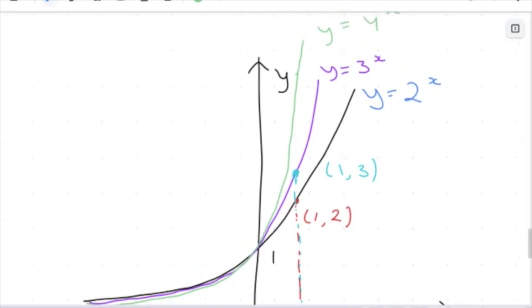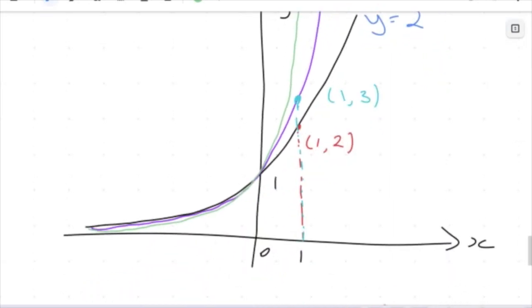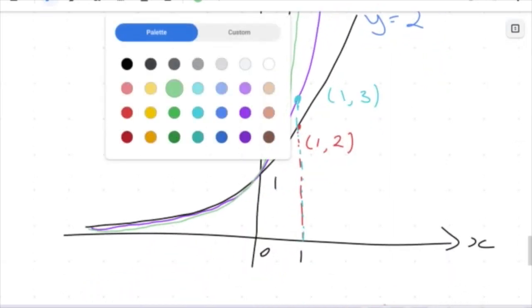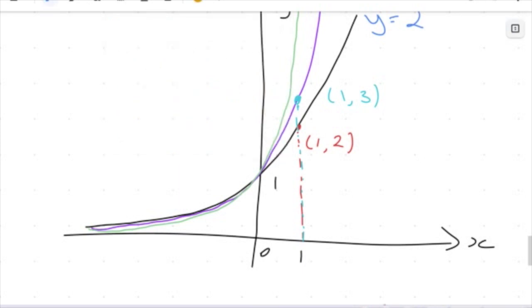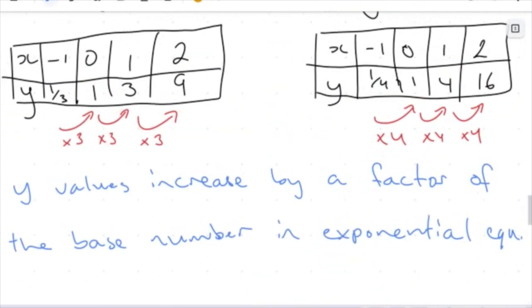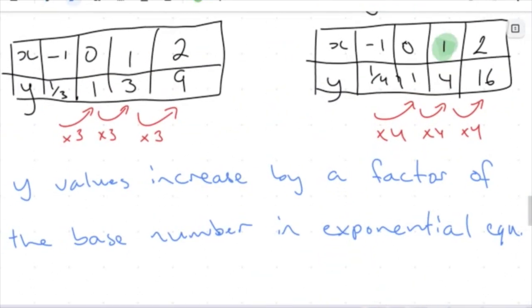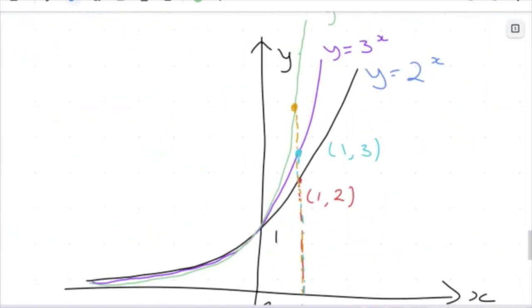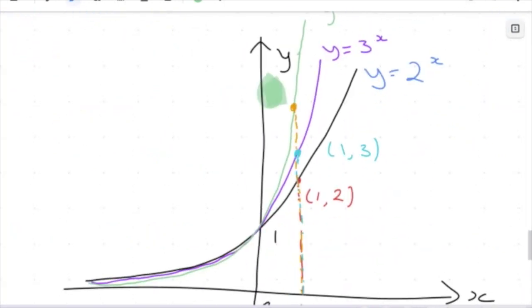It gets quite a bit steeper here. And finally, drawing in this point, let's do a color I haven't done yet. When x equals 1, looking at my table here, y equals 4. I have the point 1, 4.